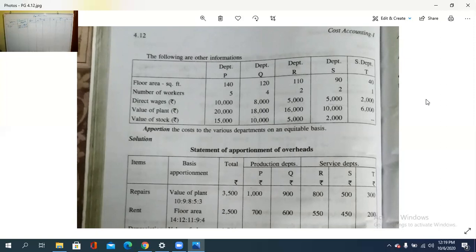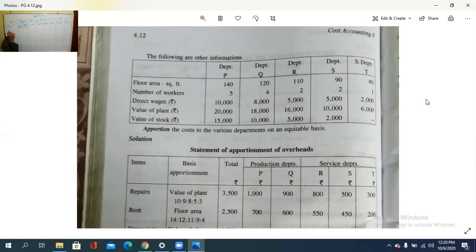We apportion in this ratio. Total amount is 3500. So 3500 into 10 by the total, then 3500 into 9 by total, 3500 into 8 by total, 3500 into 5 by total, and 3500 into 3 by total. So how much is it? 1000 is for the P, 900 for the Q, 800 for the R, 500 for the S, and 300 for the T.